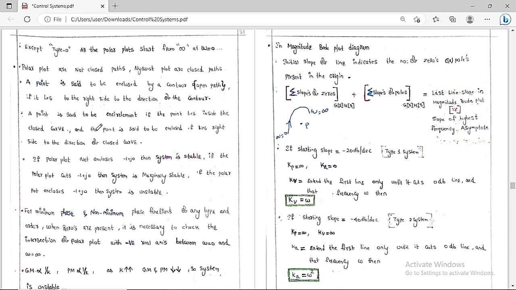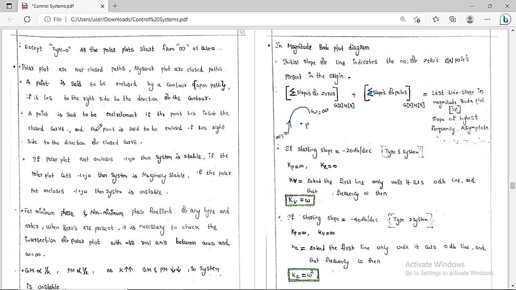Suppose in the Nyquist plot, if you take any point and from that point draw a straight line in any direction, and you get some non-zero value of N. Some curves are clockwise, some are anti-clockwise, and I already told you anti-clockwise is taken as positive and clockwise as negative.